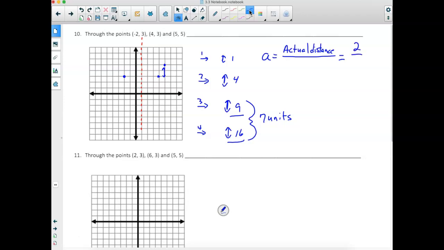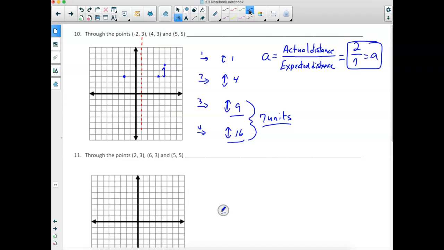So if I take my actual distance divided by expected distance, and this is where I expect it to be 7 units, I can see my a value is 2/7.